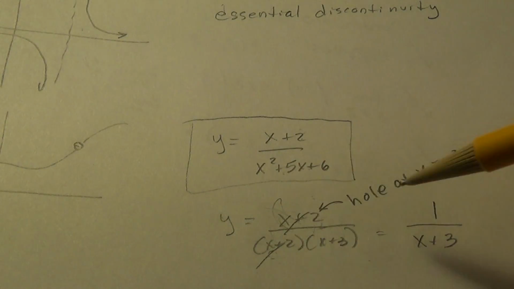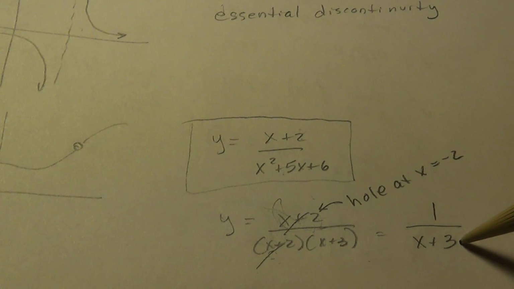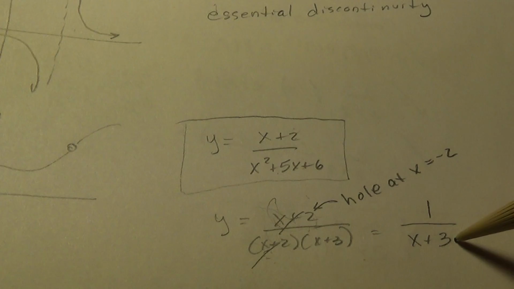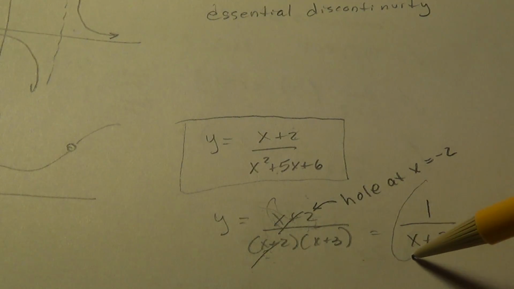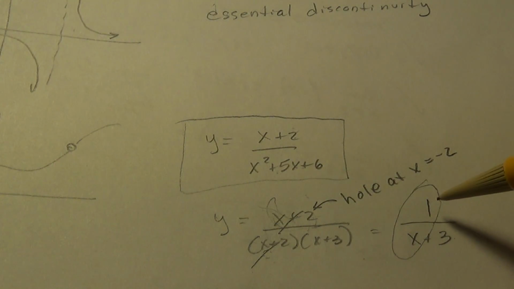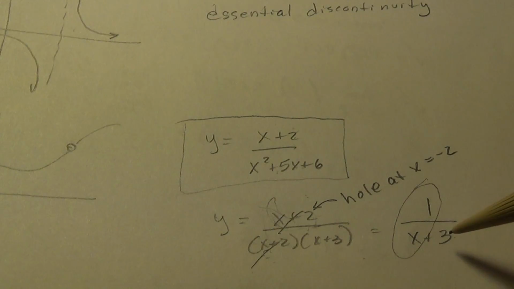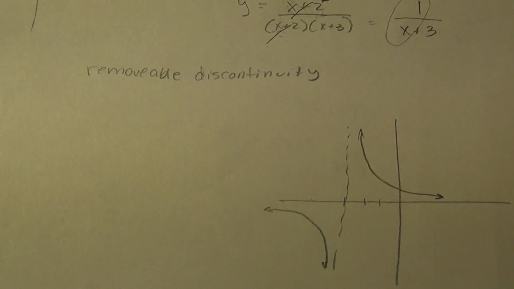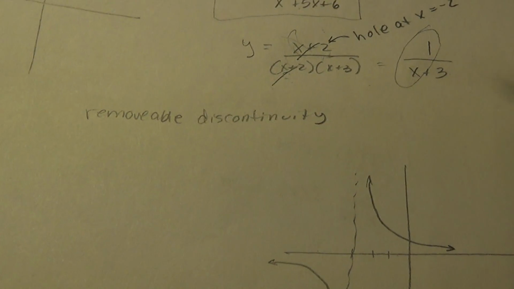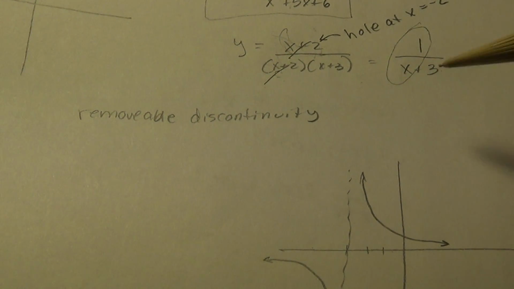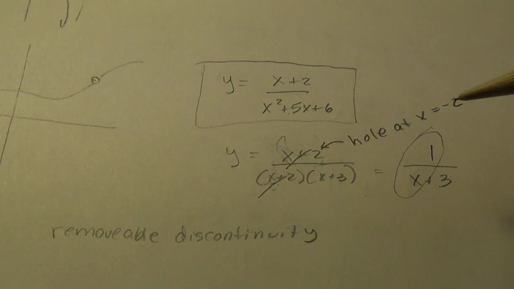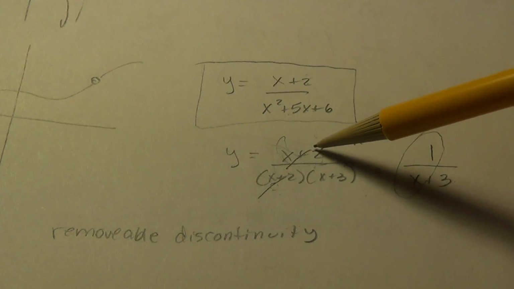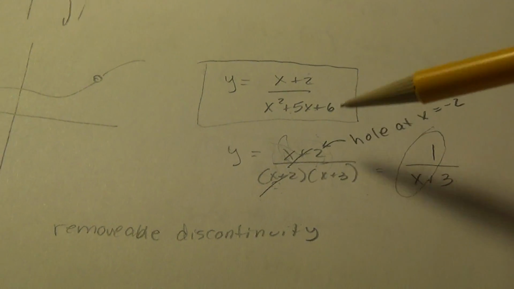So when we cancel that, we get 1 over x plus 3. We should remember how to graph that quickly. It's just the reciprocal function, moved over to the left 3. So I drew it down here. And the only thing I have to add is a hole at x equals minus 2, because that's what would cause this factor to 0 out.